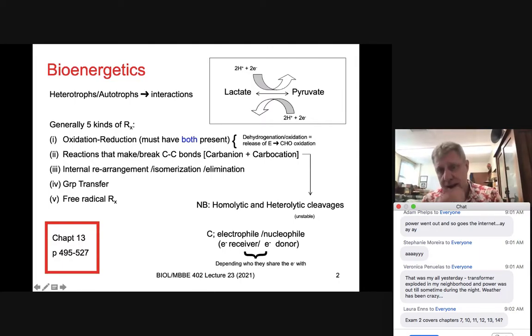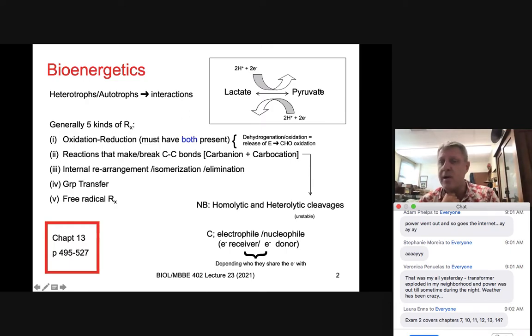So here we have an example of lactic acid or lactate and pyruvate, and we're going to come to know these two structures a little later on. But what we see is a simple transformation from lactic acid to pyruvic acid or pyruvate by the removal of 2 electrons and 2 protons. Ultimately, we'll see a structural change in lactic acid to produce pyruvate.